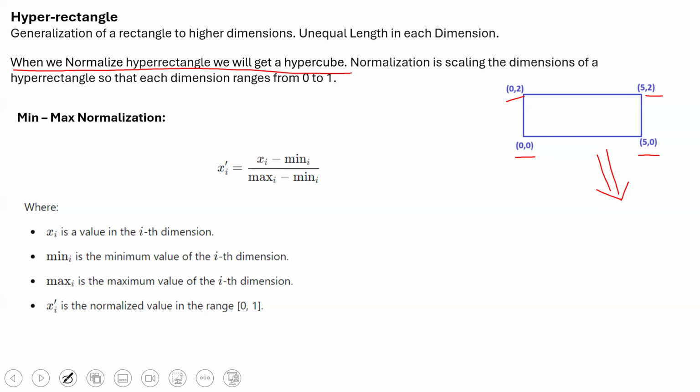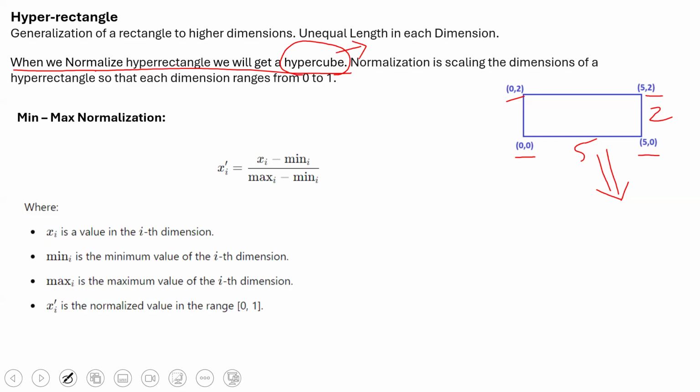This is a hyper rectangle because the length is not equal on both sides. Here the length is 5, here the length is 2. The lengths are not equal. When we normalize this hyper rectangle, it says we will get a hypercube. So let's see if we get a hypercube or not. A hypercube is nothing but all the sides are equal.